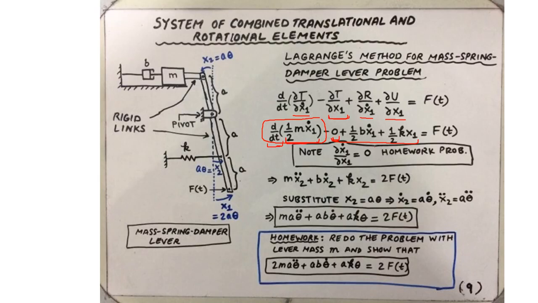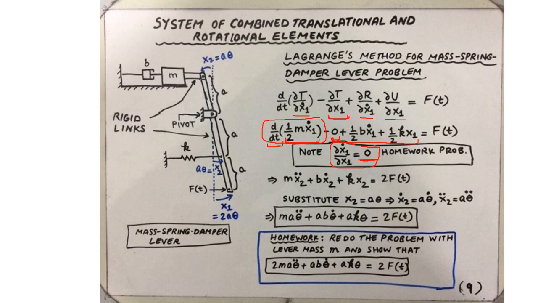As a homework problem, you are required to show why it is that the partial derivative of kinetic energy with respect to x1 is 0, and that actually boils down to the problem of showing that the partial derivative of x1 dot with respect to x1 is equal to 0.